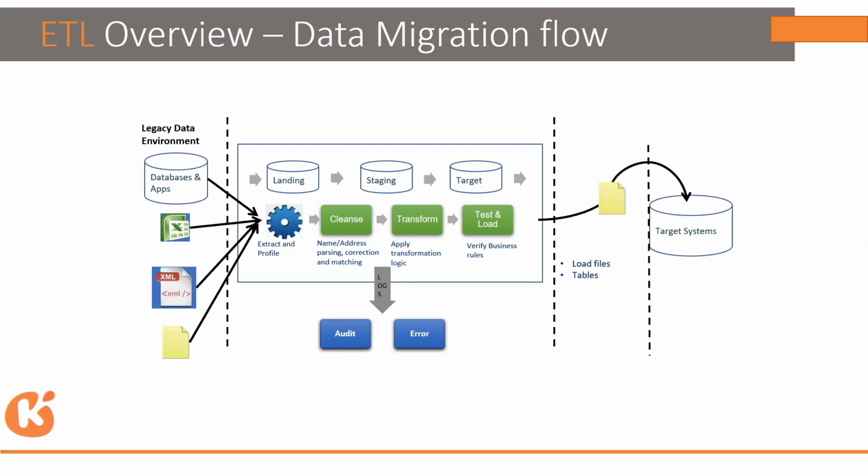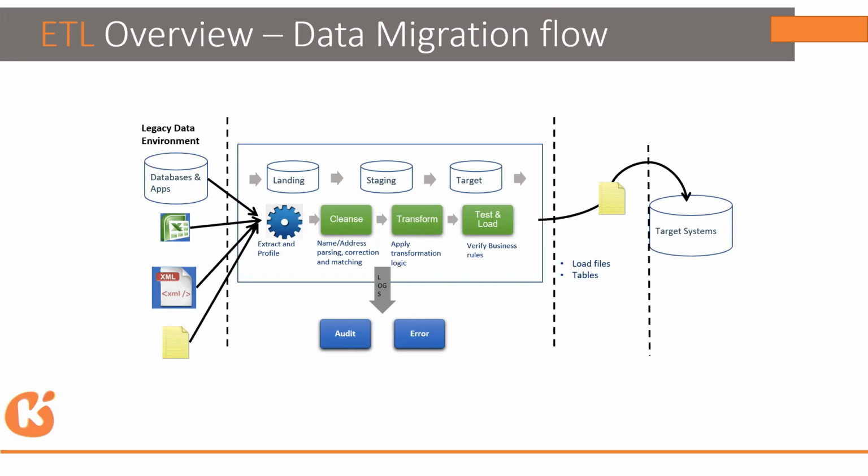So this is just a pictorial representation of all those three processes. In extract, you can see the source system can be a database or application, or an Excel file or XML or any text file. In transformation, in the middle phase, we go step by step.